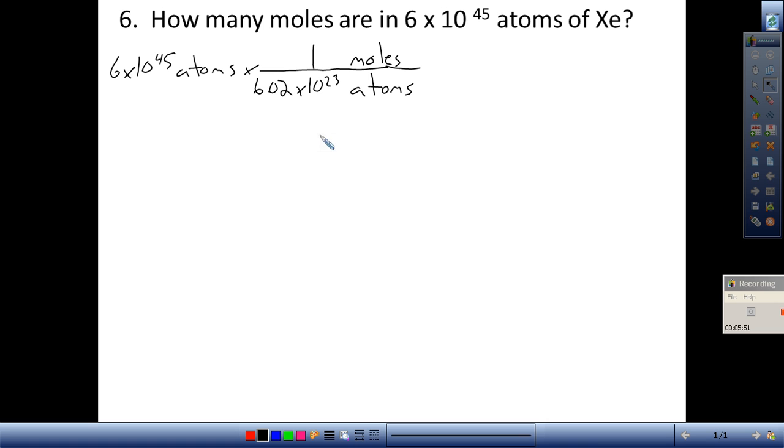Avogadro's number. Cross off my like units. I essentially have 6 divided by 6. I'm going to ignore that. So 6 divided by 6 is 1. I'm going to subtract my exponents. 45 minus 23. There's my answer.